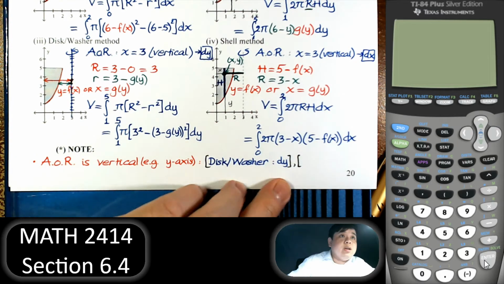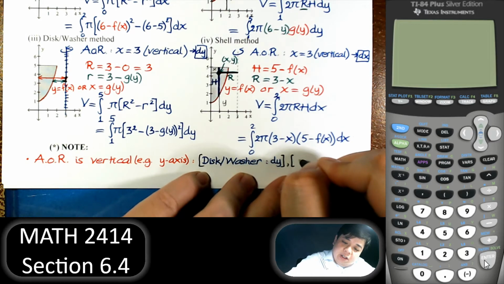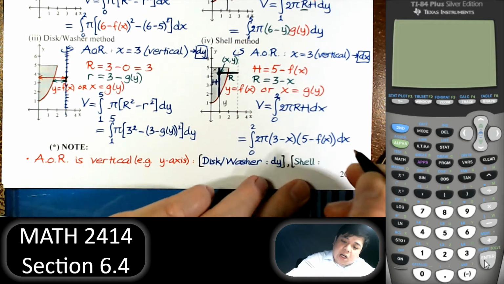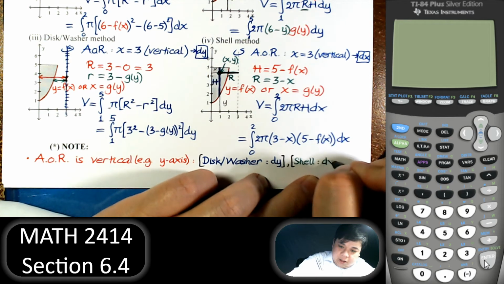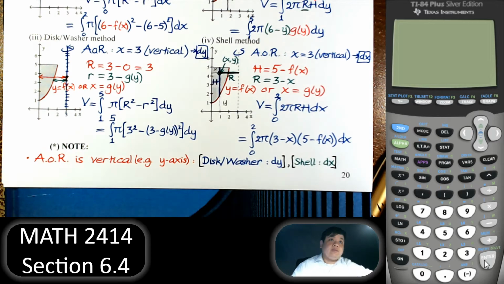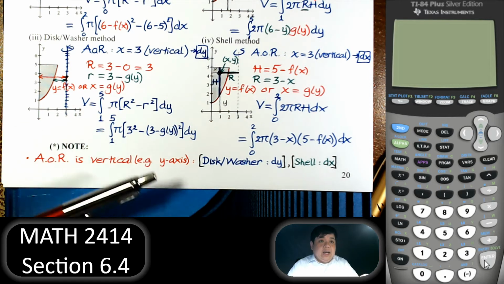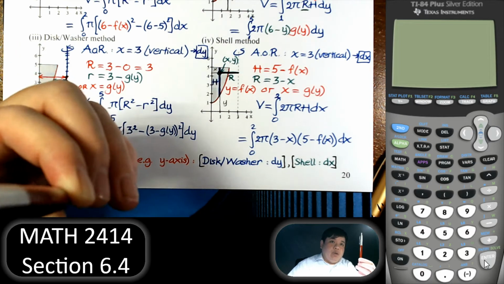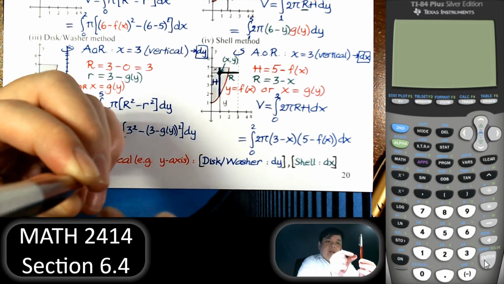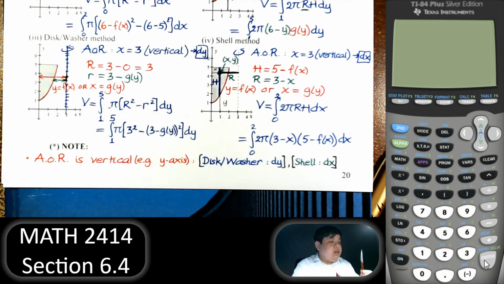And then if we use the shell method, we're going to use dx. So for a vertical axis of rotation, parallel to it is the washer method, perpendicular to it is the shell method.